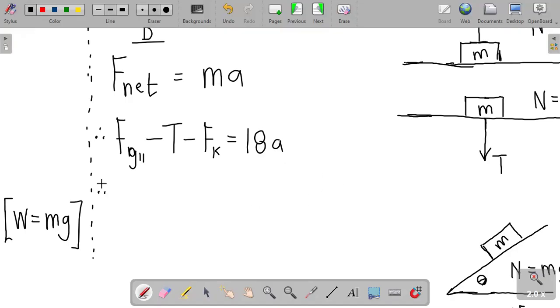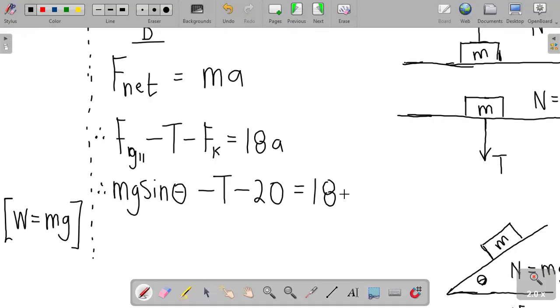And then we have mg sine theta, that is the Fg parallel, minus tension minus kinetic friction, which is 20, they gave us 20, equals 18A.